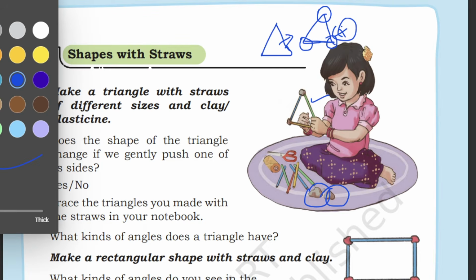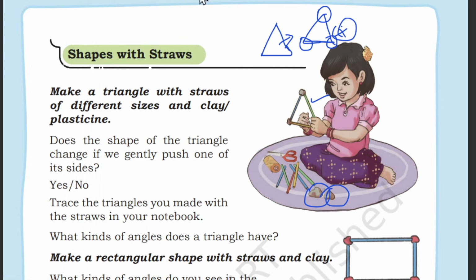If you see this picture, we have this one, and another is here, it is like hidden. So obviously the answer is no. Does the shape of the triangle change if we gently push one of the sides? Yes, the shape will obviously change. Okay.